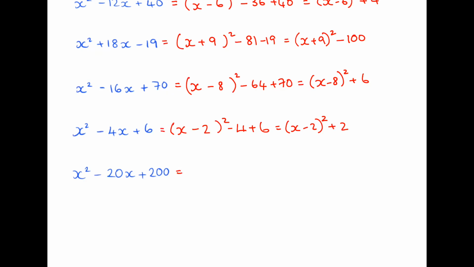And the last one that we're going to do today, squared bracket, x at the beginning, half of this number in the bracket, take off that number squared, and then you've still got the +200. So altogether, you've got (x minus 10) squared plus 100.